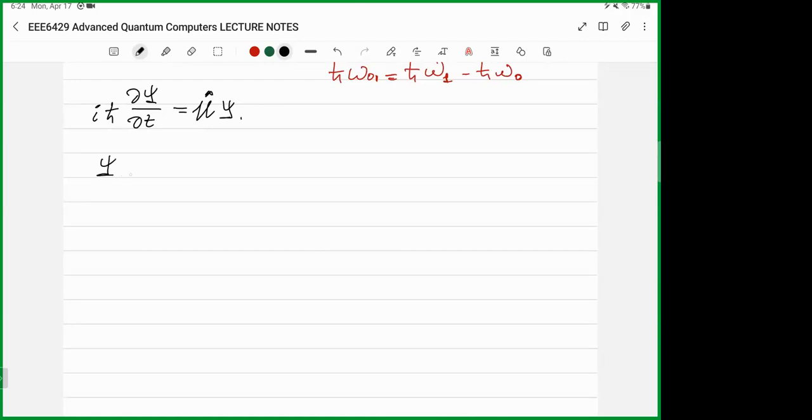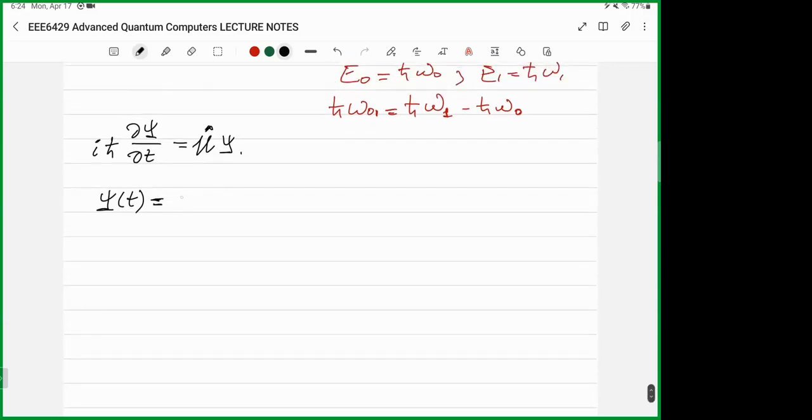What is our psi here? First of all, this psi will be a function of time, of course. It is equal to the probability amplitude of finding the system in the state 0, now a function of time, times this 0 eigenstate, plus the state 1 amplitude times the state 1.